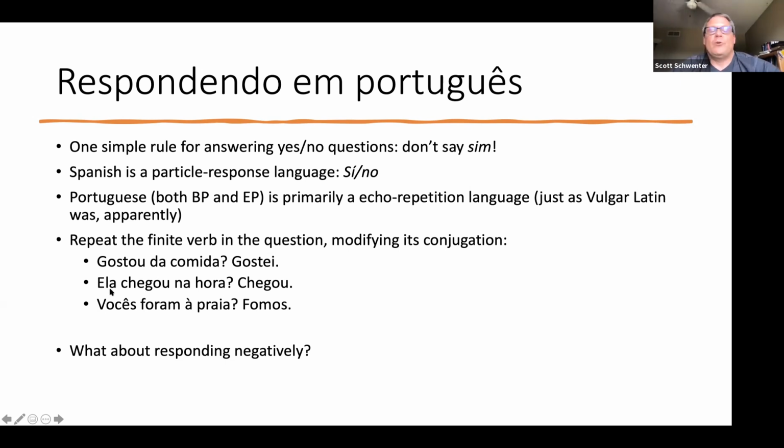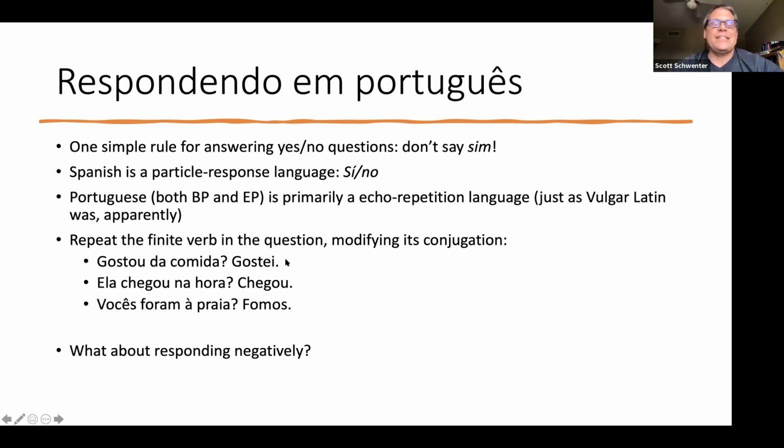You can do it for third person too. Ela chegou na hora? So did she arrive on time? Chegou. She did. Vocês foram à praia? Did you guys go to the beach? Fomos. We went. That's how you respond to a yes/no question in Portuguese.